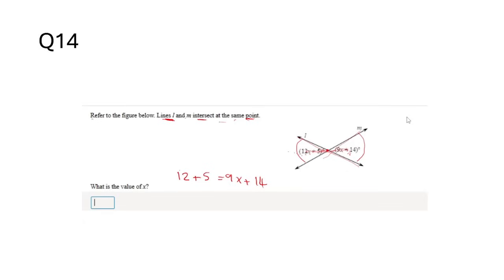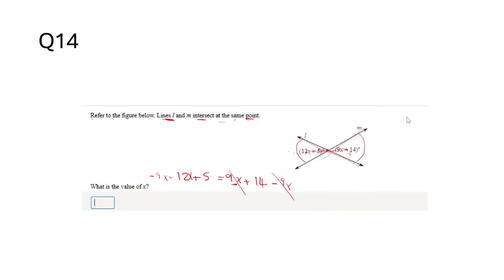So we have the same value. Okay? So let's do 12x plus 5 equal to 9x plus 14. Let's simplify this one. I need to move this one to the other side, so I say minus 9x, and here also minus 9x.